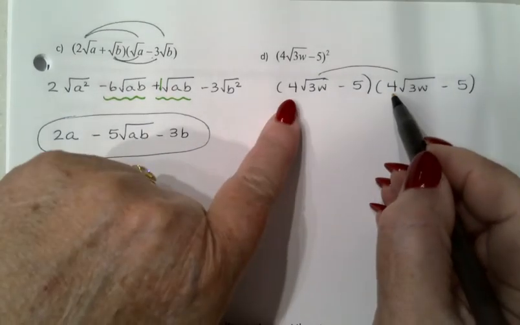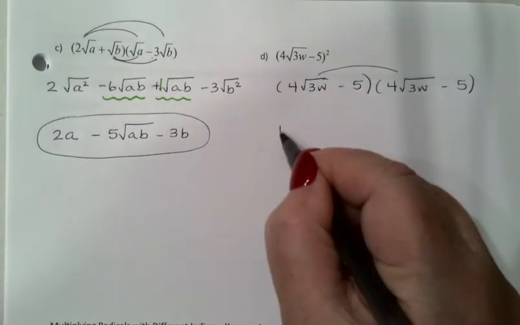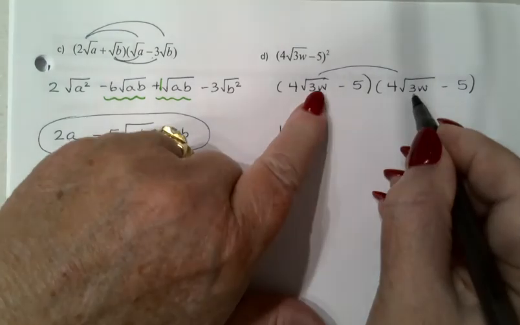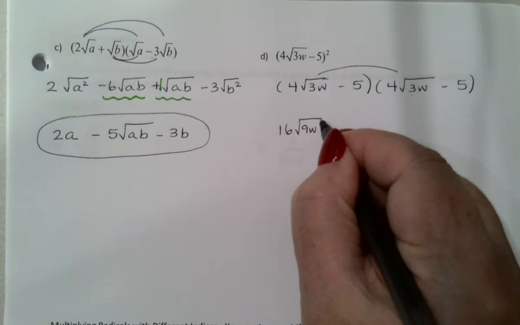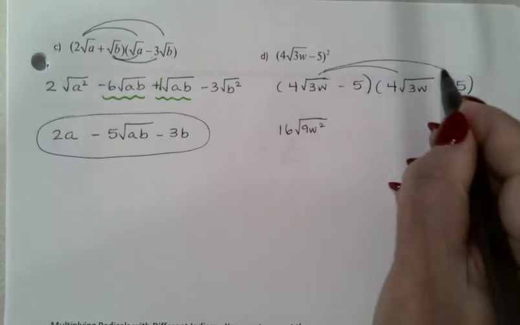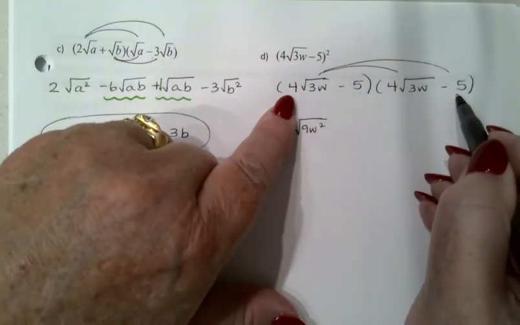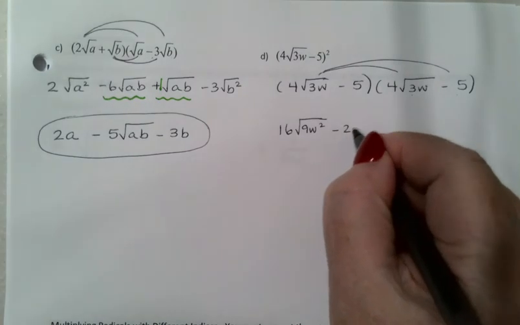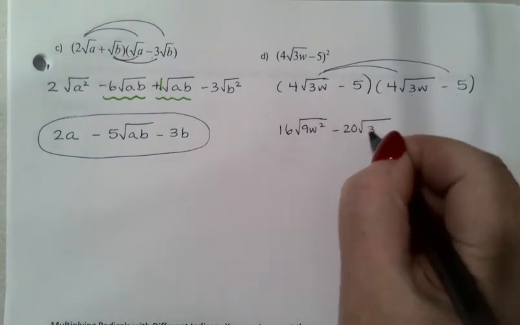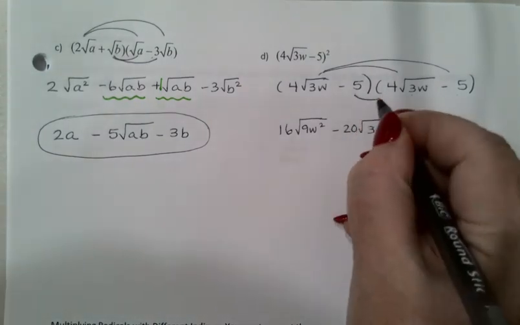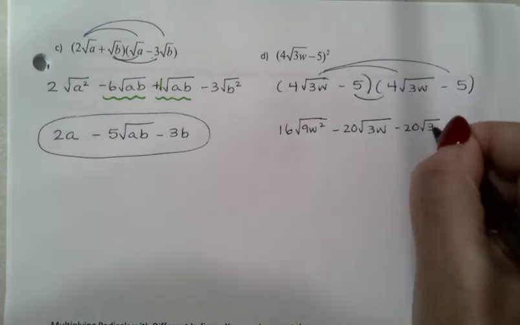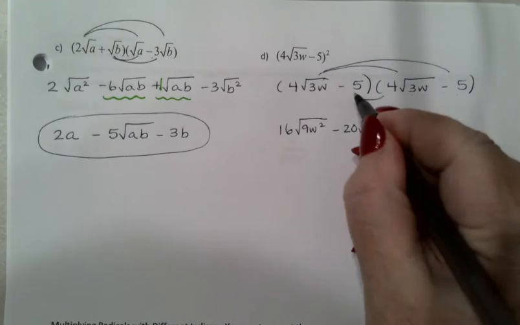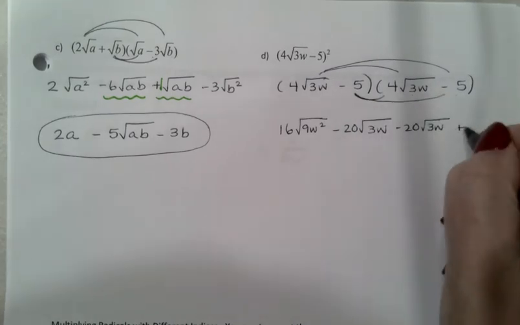So I'm going to start with 16 square root of 9w squared. And then negative 20 square root 3w. And then another negative 20 square root 3w. And then a plus 25.